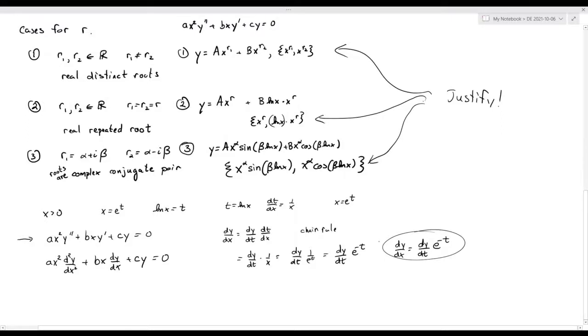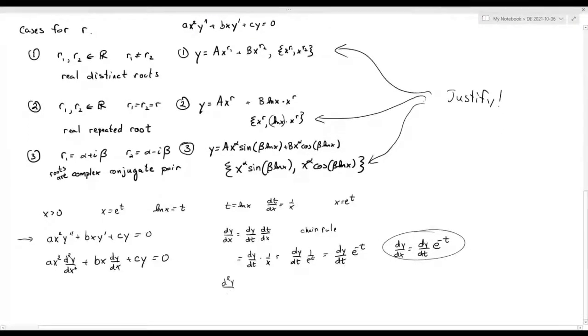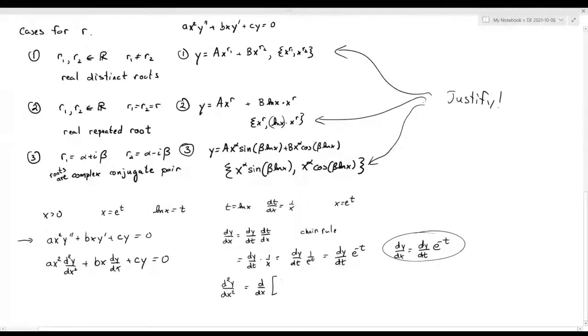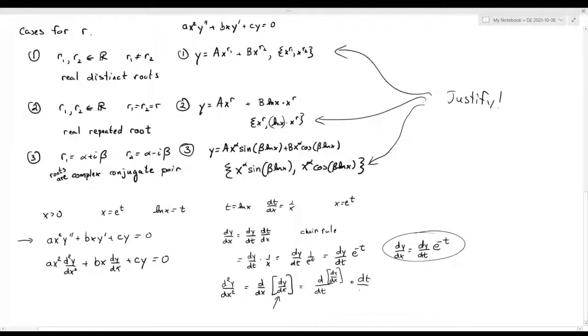But we also need the second order derivative replaced. The second order derivative of y with respect to x is just the first order derivative of the first order derivative of y. We can use the chain rule again. We first differentiate with respect to t, and then multiply by the derivative of t with respect to x.